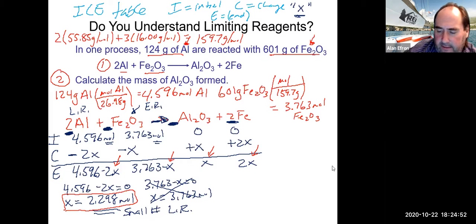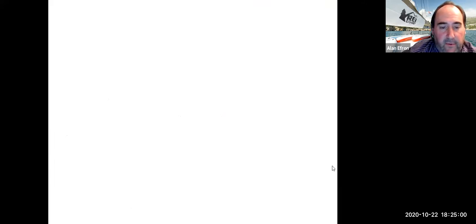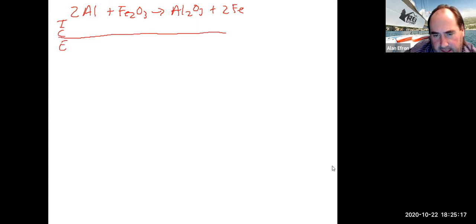So to show you how to do that, I'm just going to flip the page because I'm on the bottom of my page here. I'm going to rewrite that real quick. So I'm just going to rewrite the equation and what we got going. So we got this ICE table here, and I'm just going to focus on the equilibrium part.